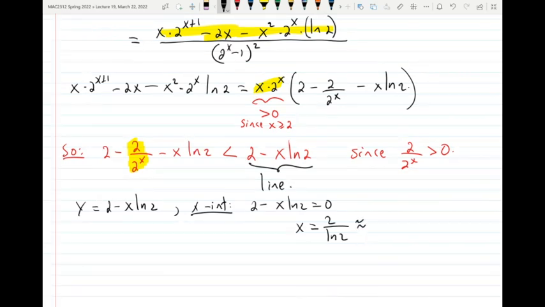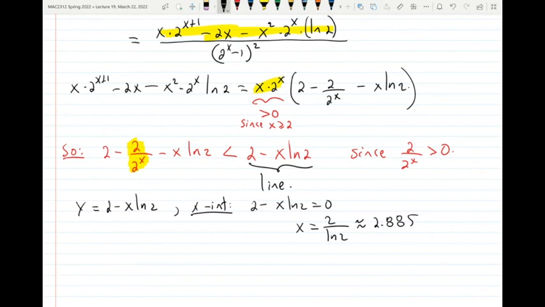And what is this? 2 divided by ln of 2 is 2.885. Okay? So this line is going down because it has a negative slope, right? The slope is negative ln of 2. It hits 0 at about 2.885.